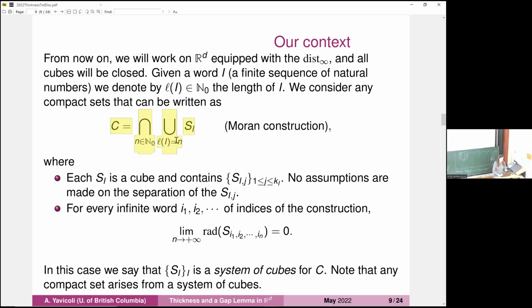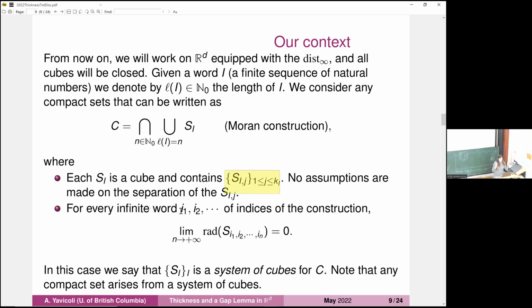And for each word of length N, we have a set in the level N. Each cube S_i contains many children, S_ij, and there are no assumptions made on the separation of the cubes or anything. They can be overlapped, whatever you want.